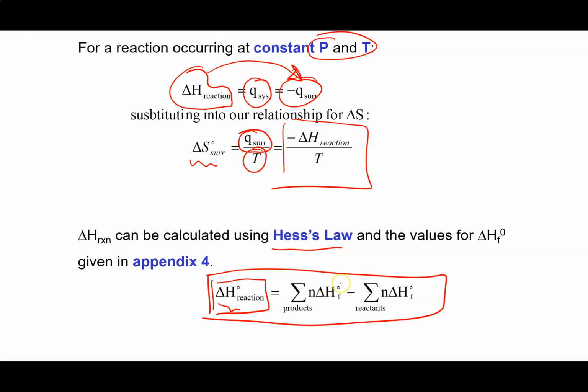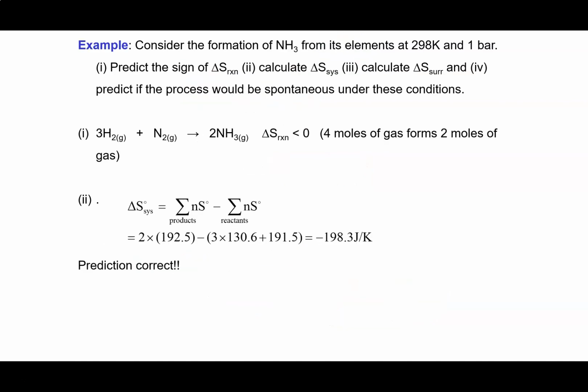To do that, we just add together all of the enthalpies of formation of our products and then subtract from that the enthalpies of formation of our reactants. So what this means is we can do two Hess's law type calculations to calculate the entropy change of our surroundings and the entropy change of our system, and then add those numbers together to get the entropy change of the universe and predict spontaneity.